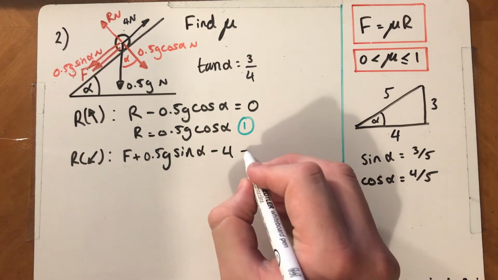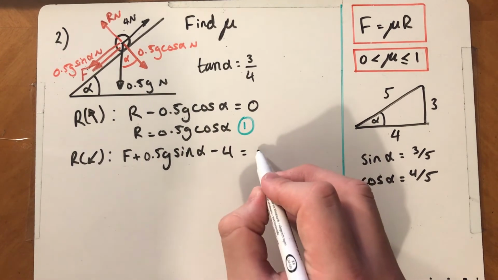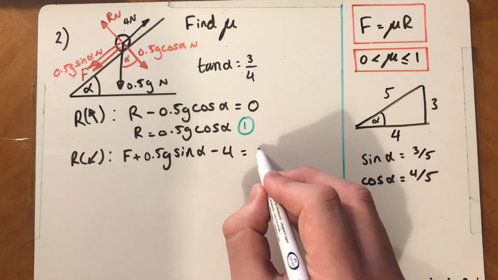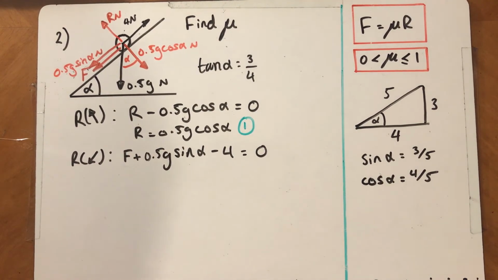Okay, and again, this is not accelerating, so the acceleration is 0, hence the sum of forces is equal to 0. Okay, but if it was accelerating, it would be equal to mass times acceleration.